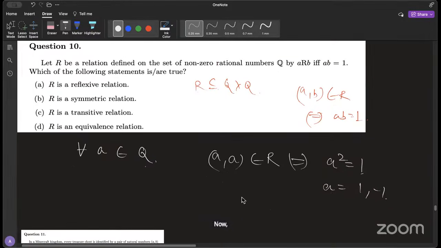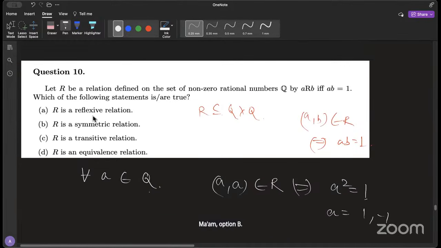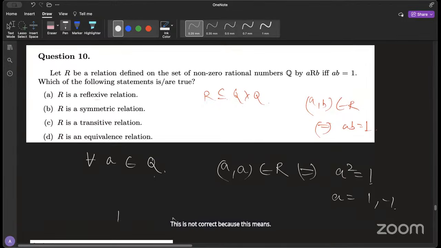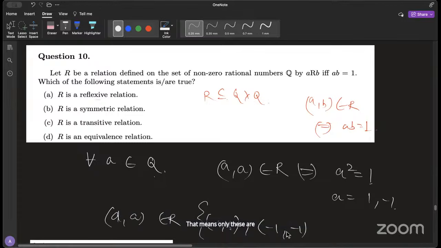Now, what does this mean? For this to be a reflexive relation, this is not correct, because if you have (A, A) in the relation, that is only possible for these elements. Only these points of the form (A, A) are in this relation, and the other ones, like (2, 2) and (3, 3), are not here.